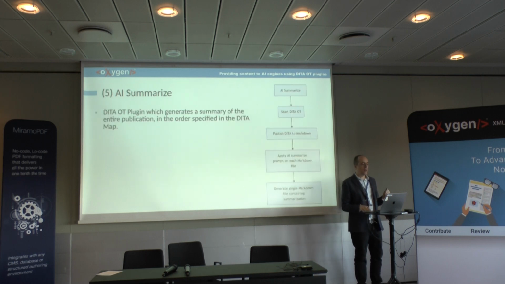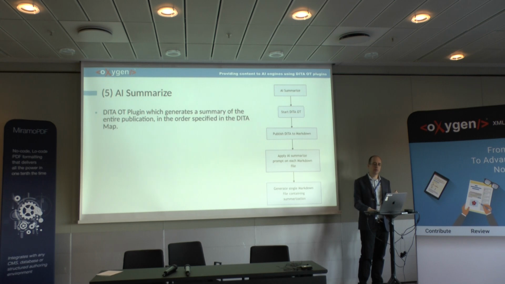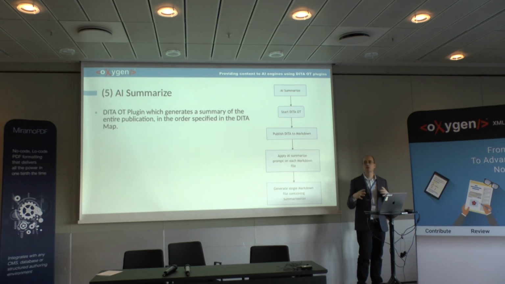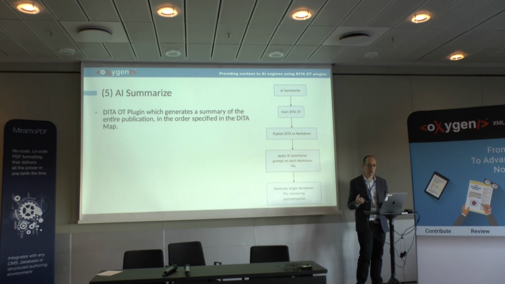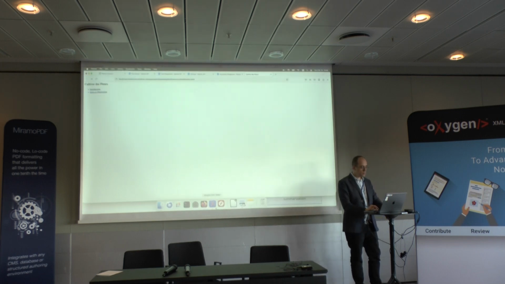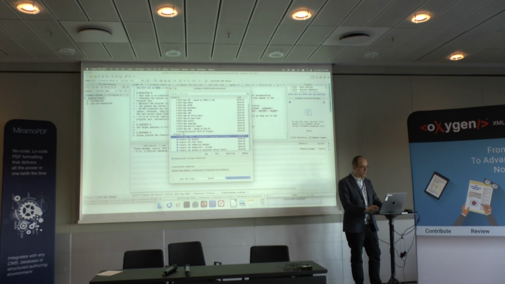And the last example I have for you is called AI Summarize. You start the DITA OT and it does DITA to Markdown, and then you apply AI Summarize on each Markdown file and obtain a single Markdown file containing a summarization of the entire data map. So I can say AI Summarize.